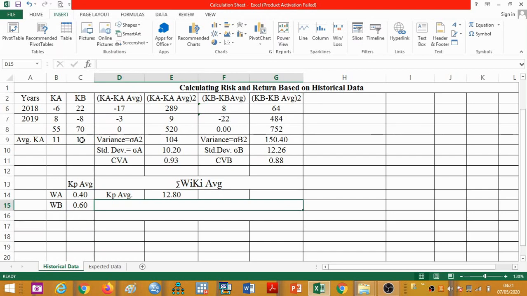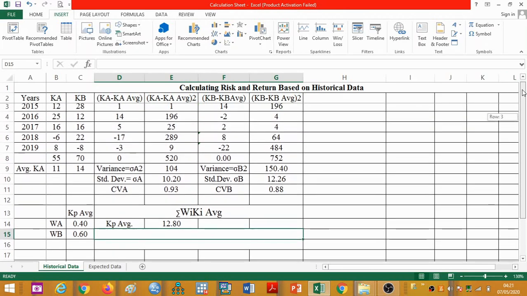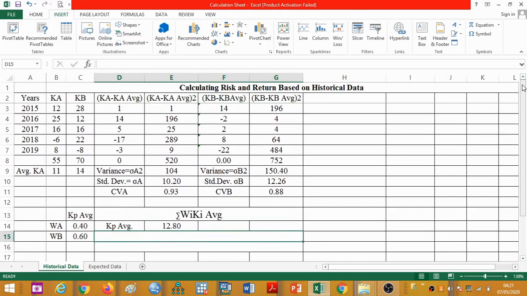For example, if you held a portfolio of A and B security in the last 5 years, your average rate of return would have been 12.8%, based on investing 40% in A and 60% in B. So this is how we calculate the average rate of return.